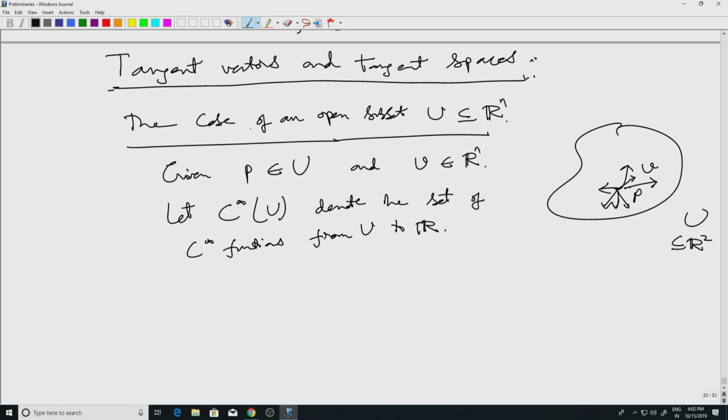Of course, since the target is R, this is actually a vector space. I can add two such functions, multiply them by a scalar and so on. It is a vector space over R.